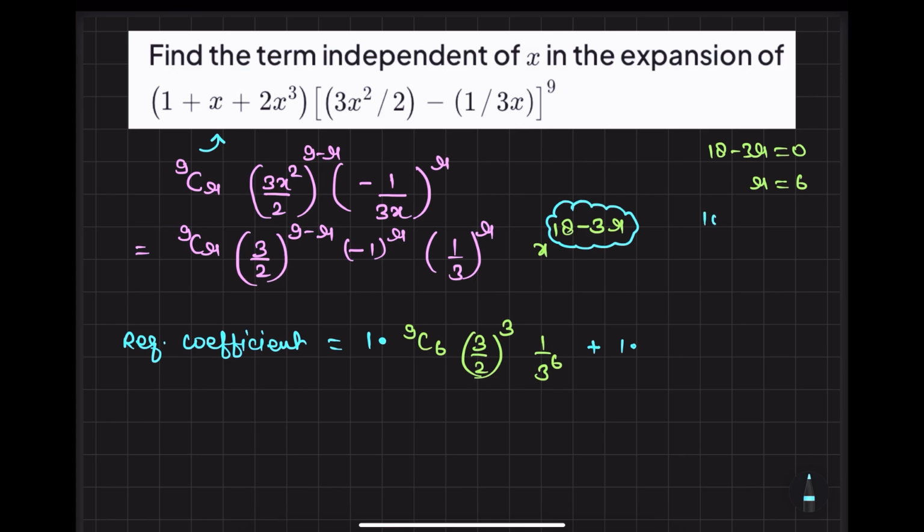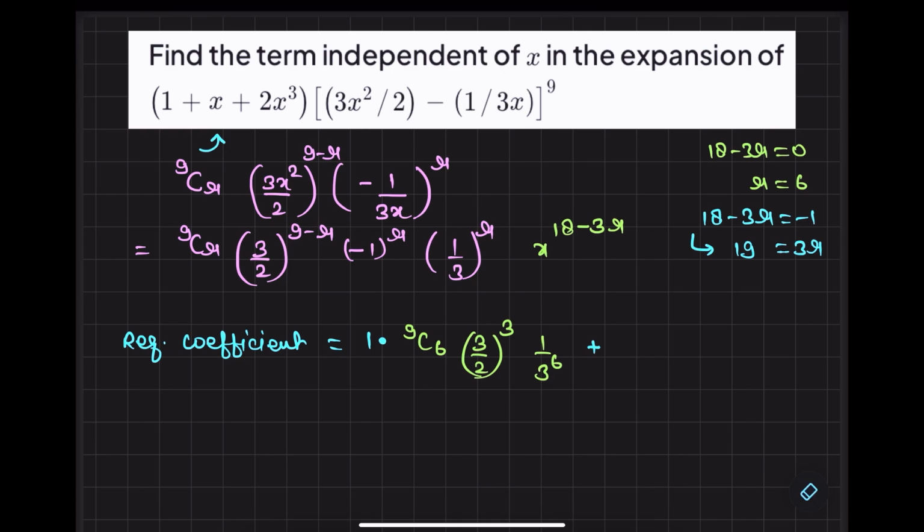So what I'll do? 18 minus 3r equals minus 1. So 3r will become 19. So from here you won't get r as a whole number. So it means x will not fight. Okay, so from this you won't get anything in the coefficient.